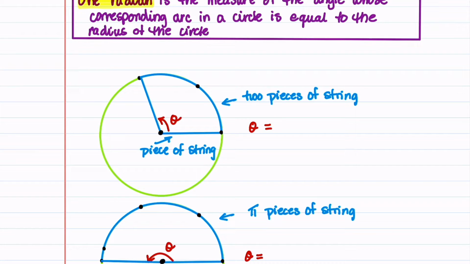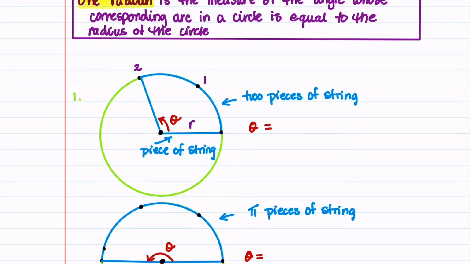Let's now look at some other angles. In this first picture, which we'll label as 1, the piece of string we can call r, and then notice that the arc is 1, 2 pieces of string.